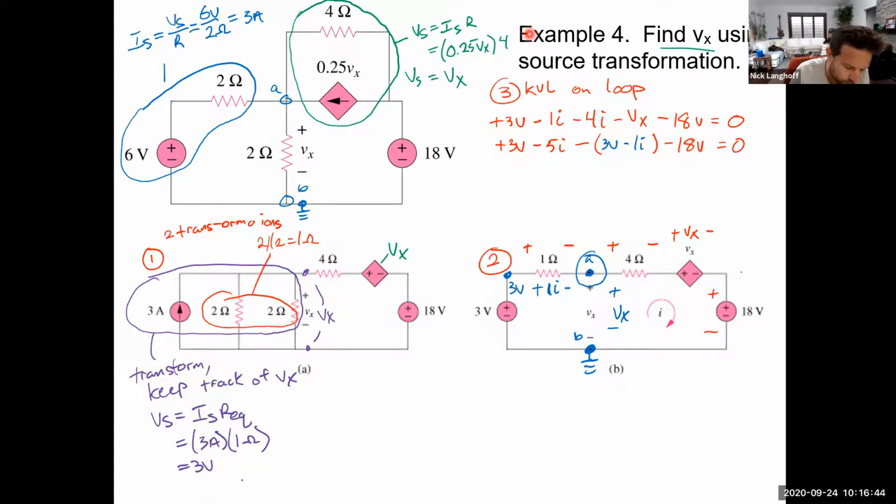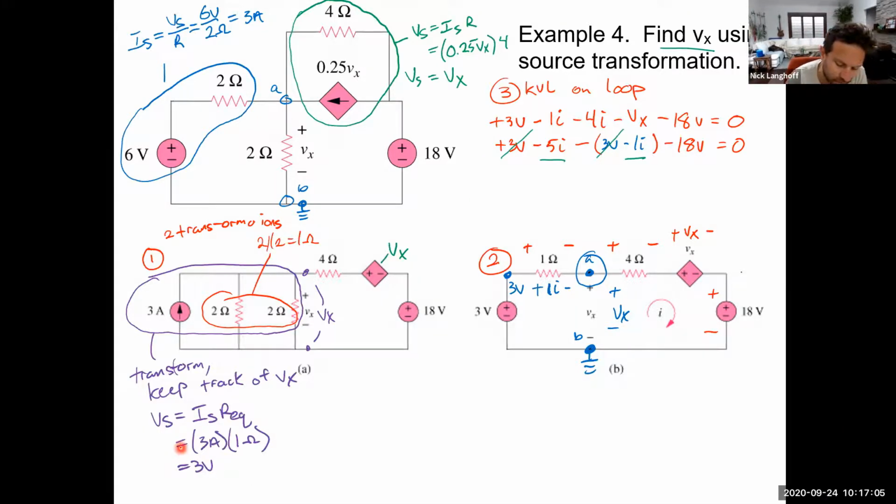Let's do this in another color here. We've got the 3 volts canceling with the plus 3 volts and the minus 3 volts canceling there. And then we're going to group these together. We've got a minus negative 1I, so that becomes a plus 1I.